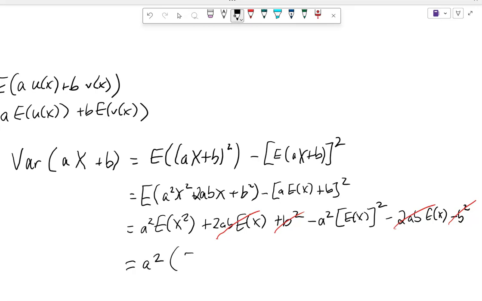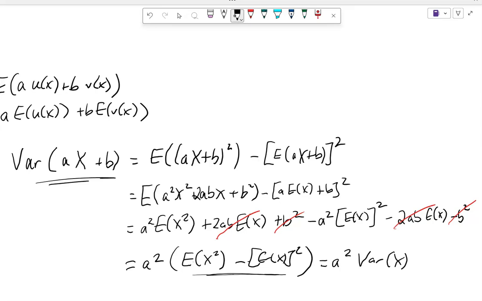And then I'm left with expected value of x squared minus expected value of x, quantity squared. What's a better name for this? Variance, yeah. This is a squared variance of x.